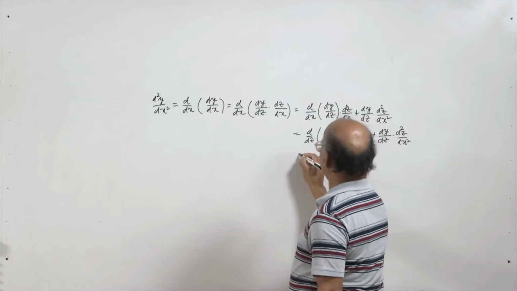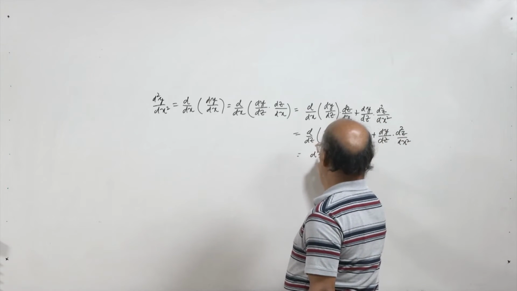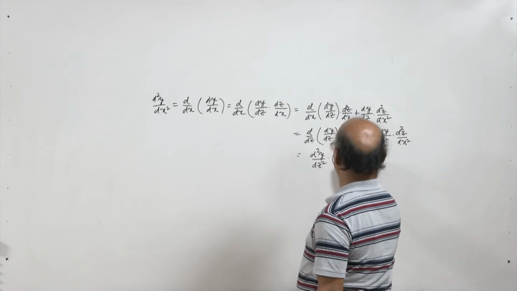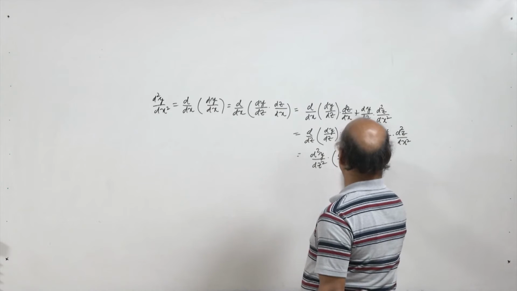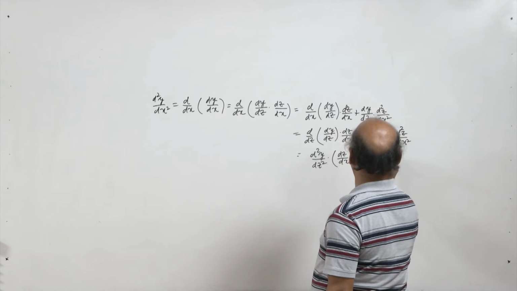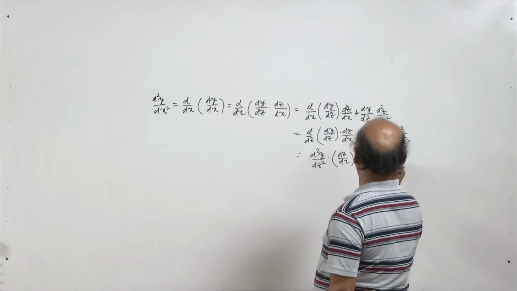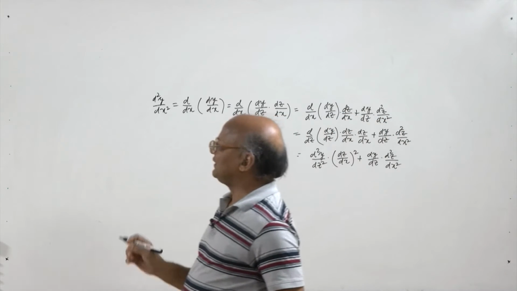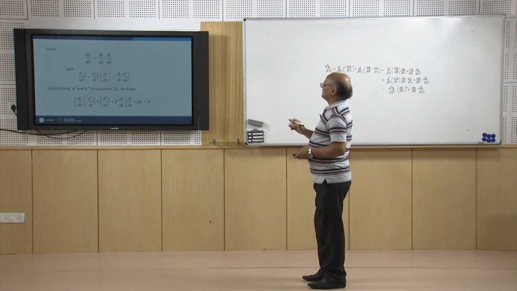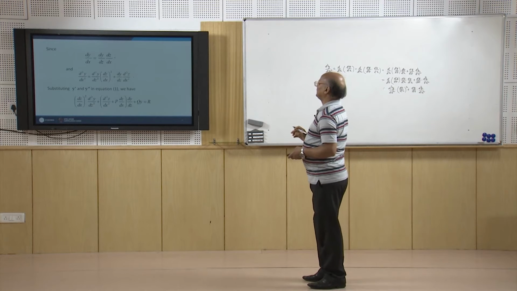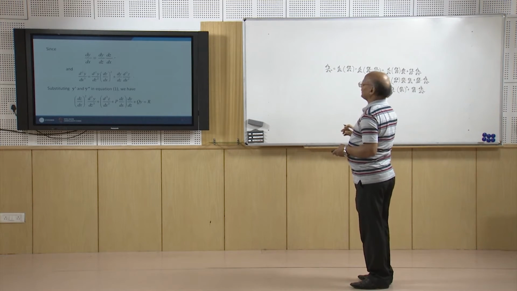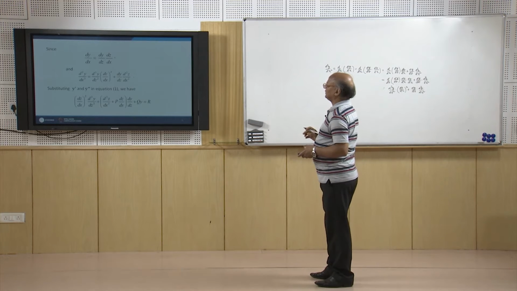So this will be equal to d²y/dz² into (dz/dx)² plus dy/dz into d²z/dx². So the second derivative of y with respect to x is equal to d²y/dz² into (dz/dx)² plus dy/dz into d²z/dx².